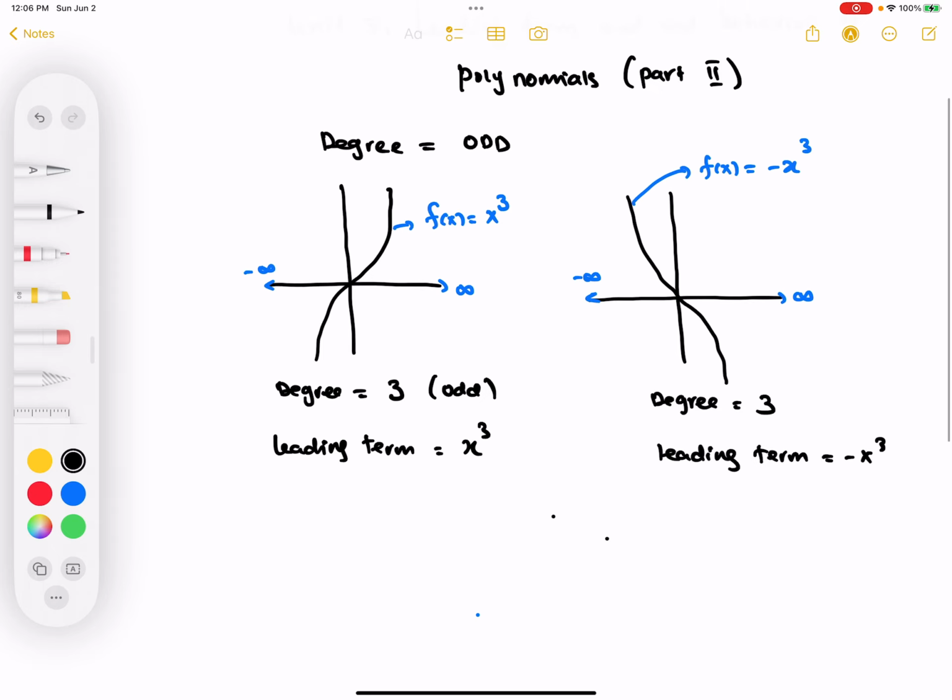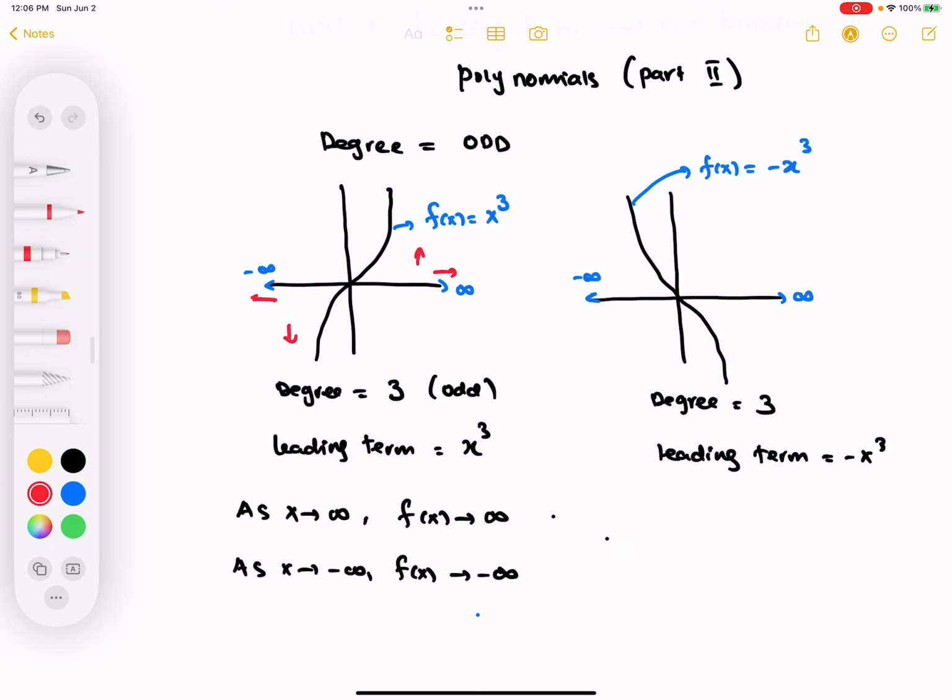Now the end behavior. For the first one, as x goes to positive infinity, f of x goes to positive infinity. As x goes to negative infinity, f of x goes down, to negative infinity.